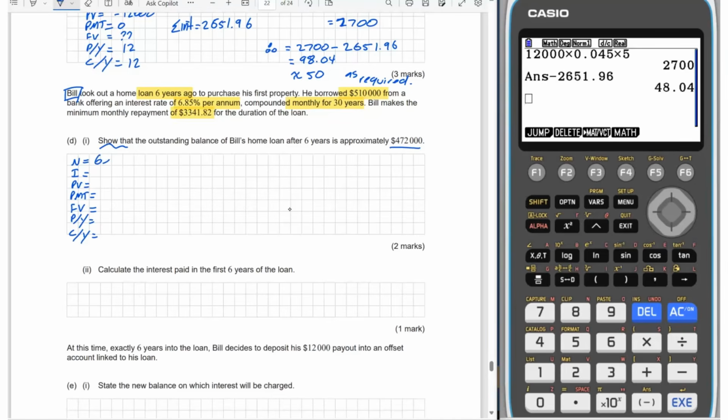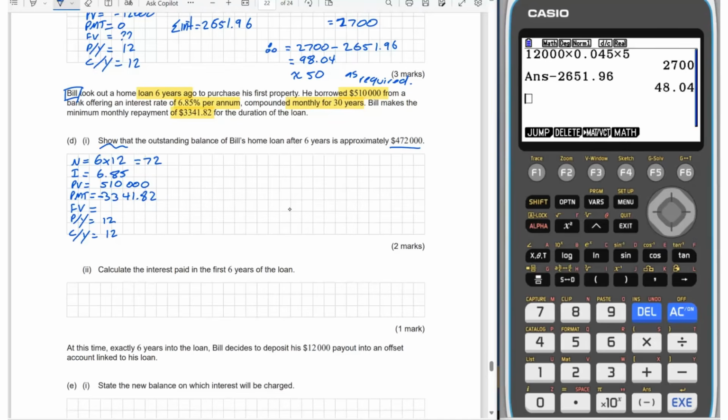So again, 6 years, and compounding monthly, is that 72? The interest rate was 6.85. The present value is his loan value, which is $510,000, and it has to be positive because the bank's giving him the money, and he's paying $3,341.82.